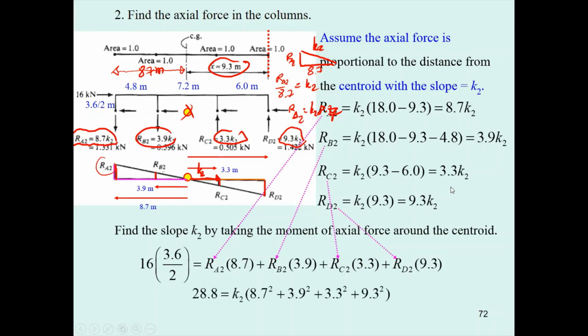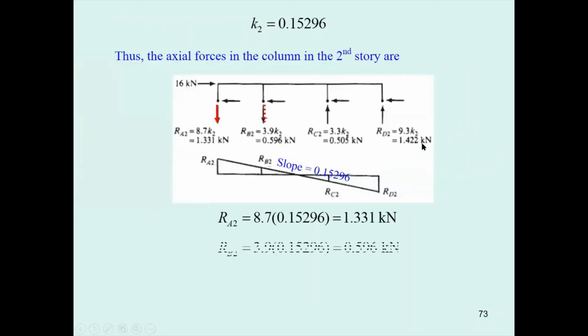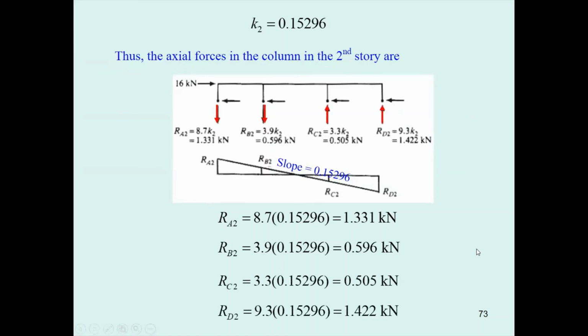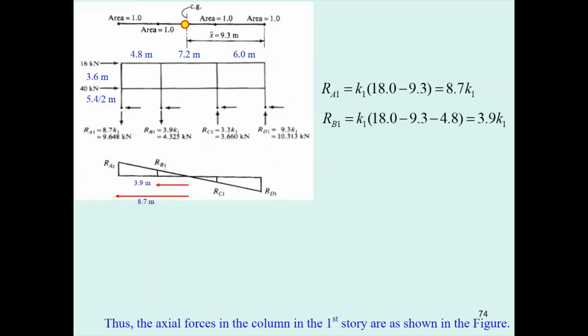When you get K2, you will get the axial forces in the column that are distributed from the centroid of the columns of the frame. Farther gets larger, closer gets smaller, and then you do the same thing for the column on the first floor.